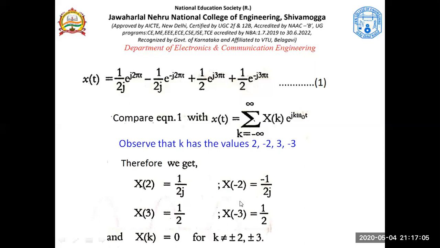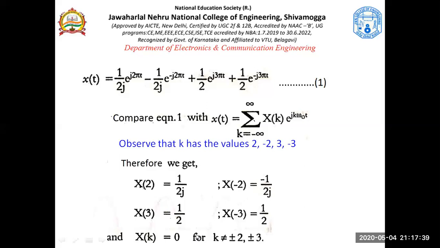Now see here, x of 3 and x of minus 3 are real terms, so that itself is the magnitude. They are even positive. So the magnitude of x of 3 is half, the magnitude of x of minus 3 is half. So there is no phase part in this. But here, yes, you have magnitude as well as phase because it's a complex term. So except these 4, all other x of k's are zeros.